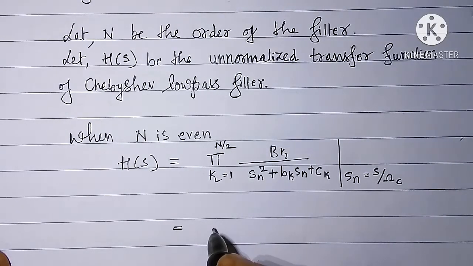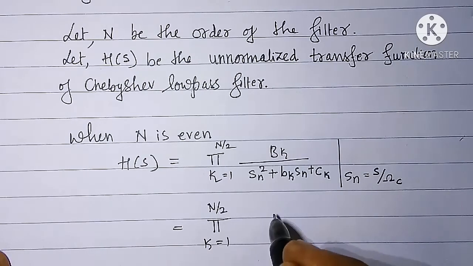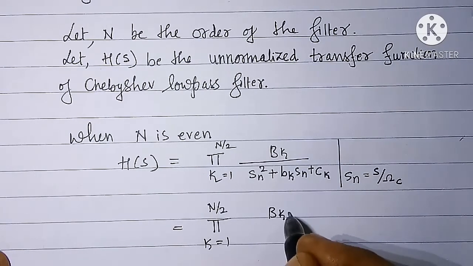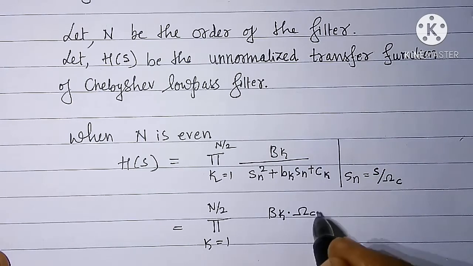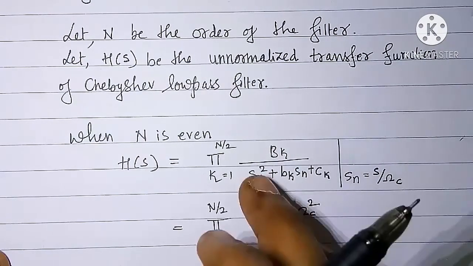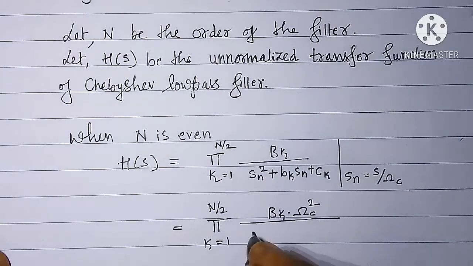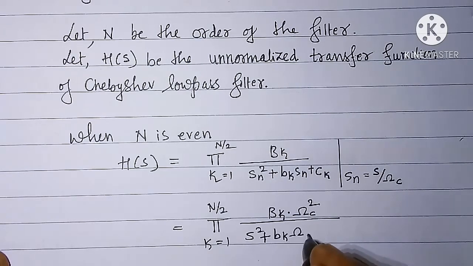That is equal to product from k equal to 1 to n by 2 of Bk into omega c square, I am writing here simplified H of S after taking LCM, by s square plus Bk into omega c into s plus omega c square into Ck.